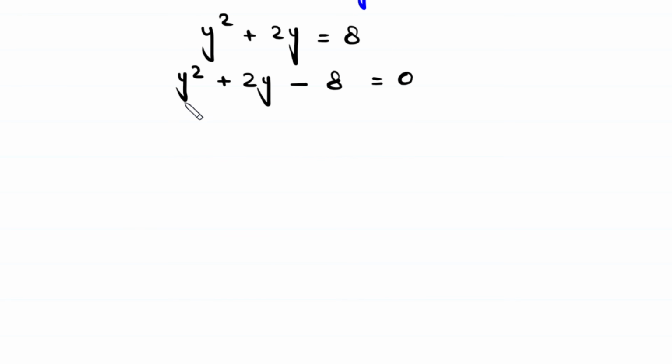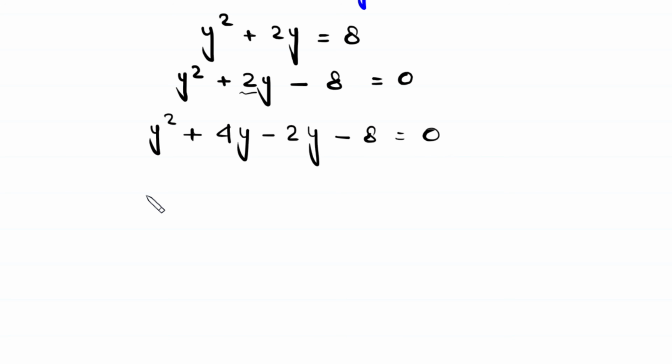Now this is a quadratic equation and is factorable. We write this y squared and break this 2y into two terms plus 4 times y minus 2 times y minus 8 equal to 0.